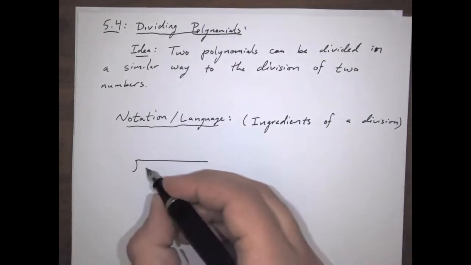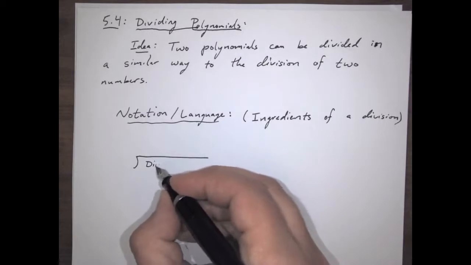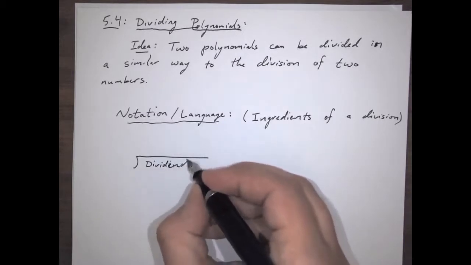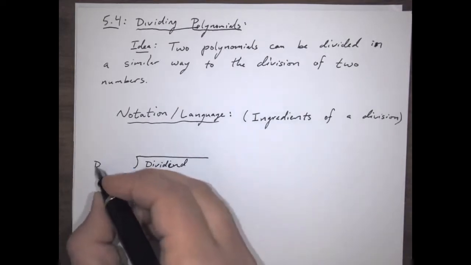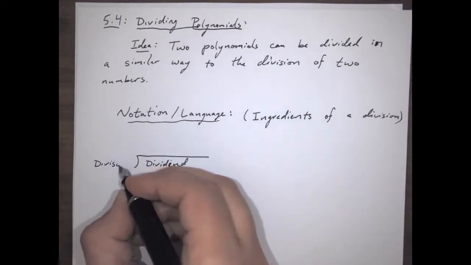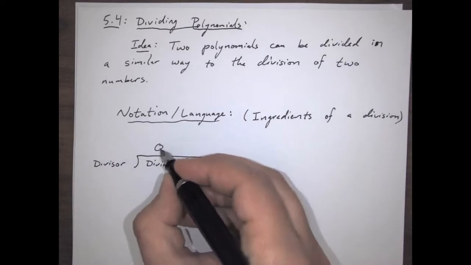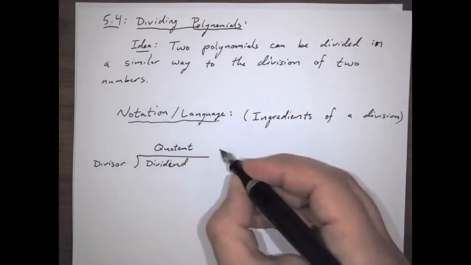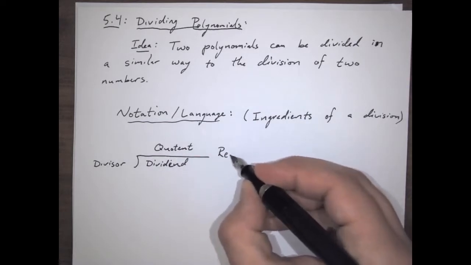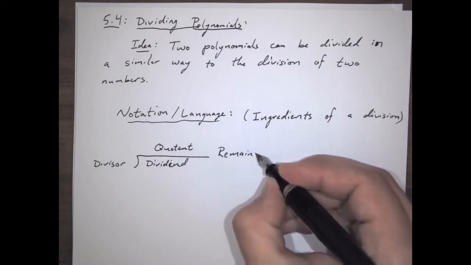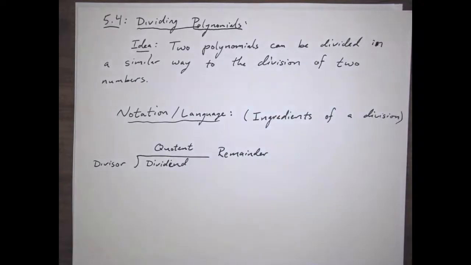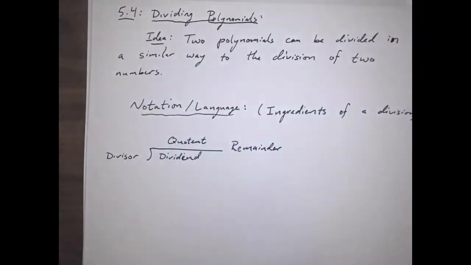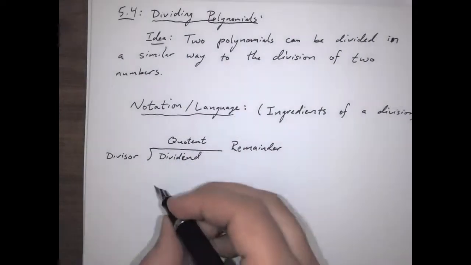The names for all of these are: this part is called the dividend. This part is called the divisor. Up here is called the quotient. And then there's a remainder, perhaps. So there's the dividend, the divisor, the quotient, and the remainder.